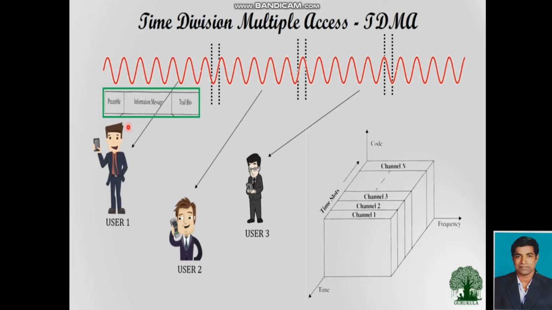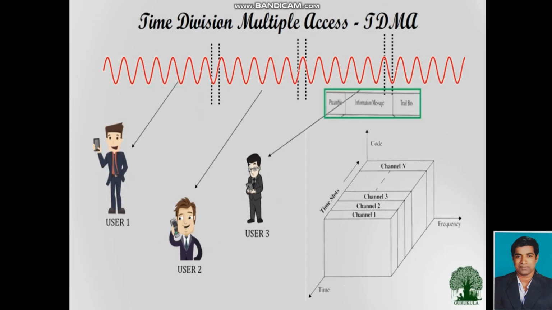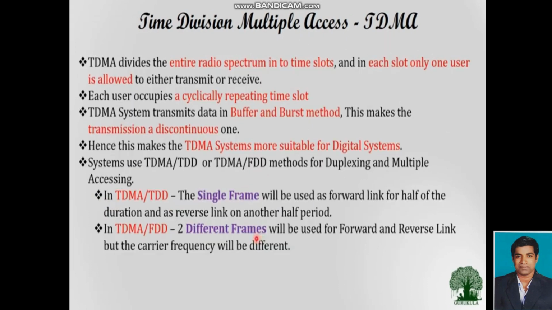Here user 1 is allocated time slot 1, user 2 is allocated time slot 2, and user 3 is allocated a different timing, time slot 3. This message is passed at different timings, time slots, whereas the frequency of the signal is common for the entire signal.